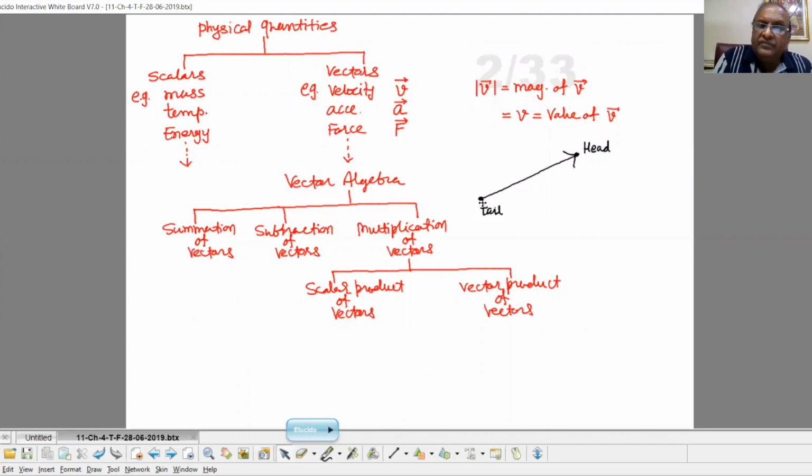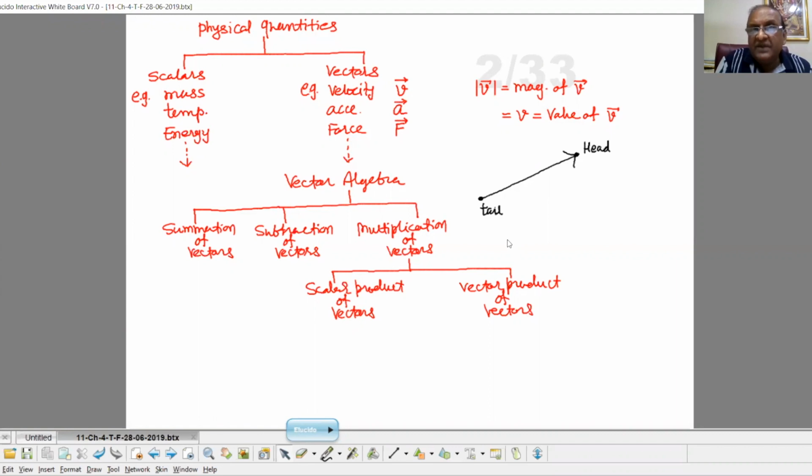Graphically the vector is represented by an arrow. Okay? Now how do we place the arrow? The arrow should be placed in the direction of the effectiveness of that physical quantity. Suppose velocity of the particle is in this direction, then the arrow should point in that particular direction.